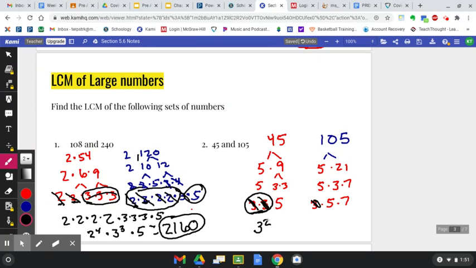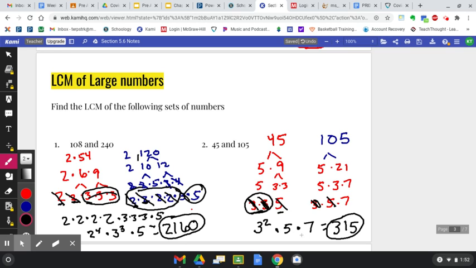So we'd have 3 times 3. And then we have times 5, right, which would be from there. And then I also have times 7. So 3 squared times 5 times 7 equals 315. Okay, 315 is the LCM of 45 and 105, right?